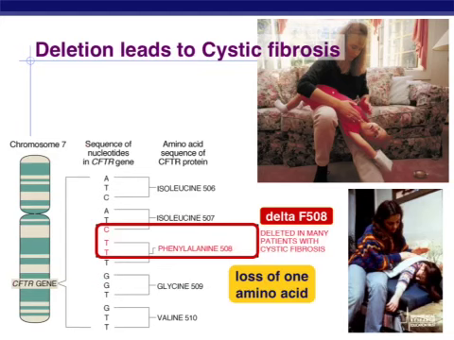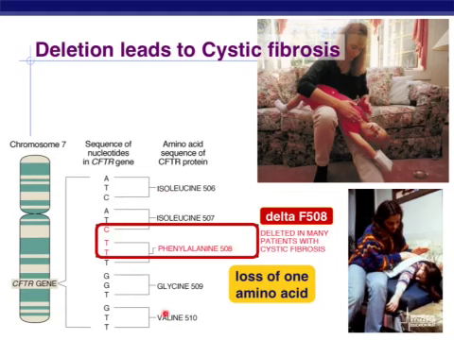All right, and here's the reason. It's because of the loss of 1 entire amino acid. The chromosome that the disease resides on would be chromosome 7. And the sequence on that particular section of the chromosome should be what you see here: isoleucine, isoleucine, phenylalanine, glycine, and valine.